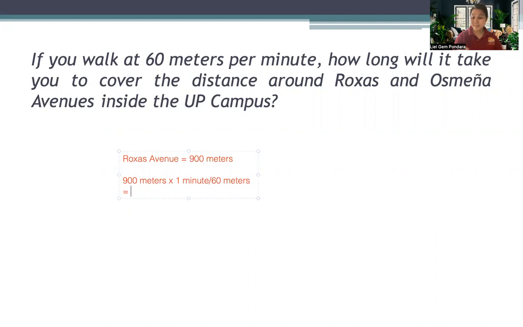That's going to be 900 times 1. 900 meters times 1 divided by 60. The answer is 15 minutes. It will take me 15 minutes to cover the distance of Rojas Avenue. That ends for PT number 1.